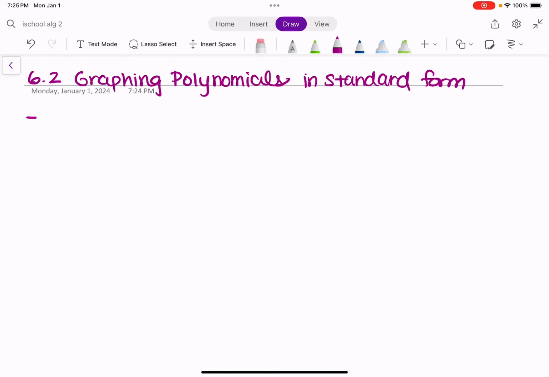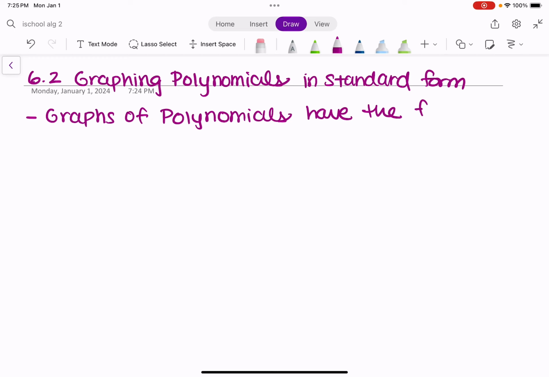And so we're going to first talk about some key parts of graphs. So graphs of polynomials have the following. So we have what's called relative maximum.